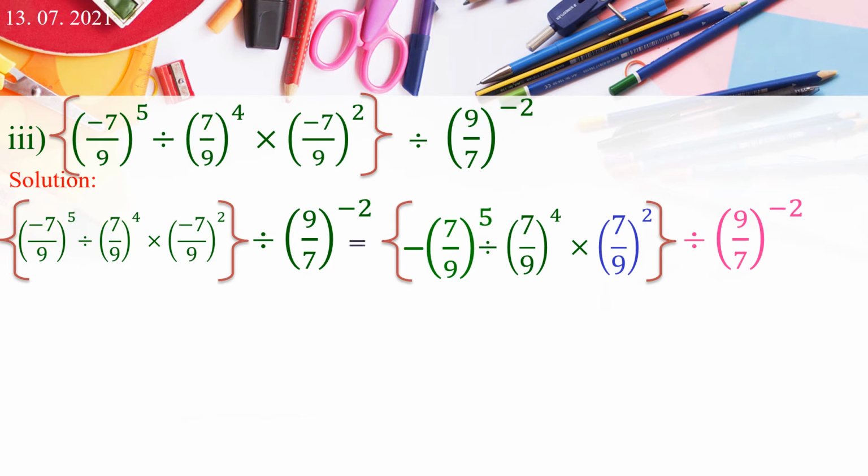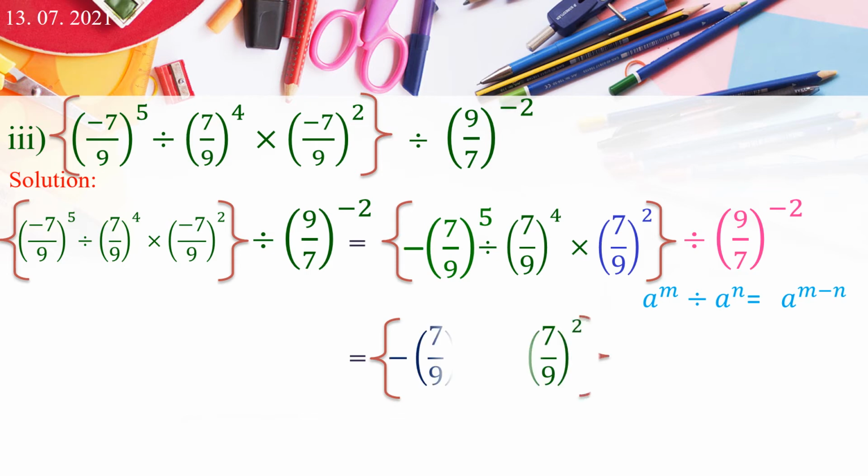Now we can use the law to simplify this sum. Which law can be used here? Yes, of course, a power m divided by a power n is equal to a power m minus n. We can take the first two terms. Using this law, it becomes minus of 7 by 9 whole power 5 minus 4 into 7 by 9 whole squared, divided by 9 by 7 whole power minus 2.